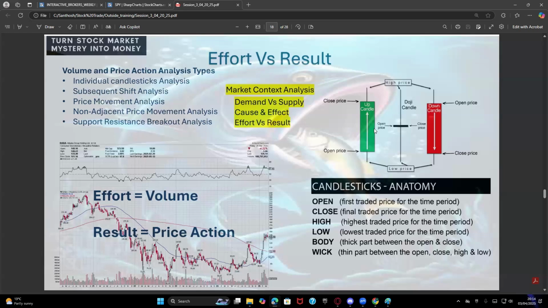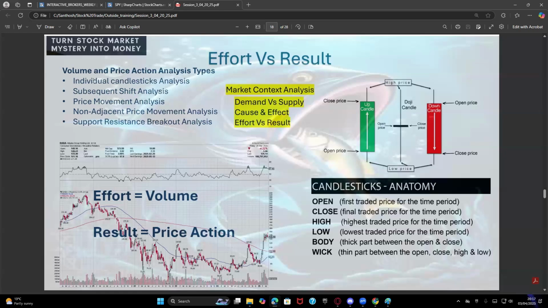It's purely based on price action. As I mentioned earlier, we would look at multiple scenarios, combining candles, not a single candle but multiple candles, and how that helps us understand the market context. There are five different ways to do this analysis.